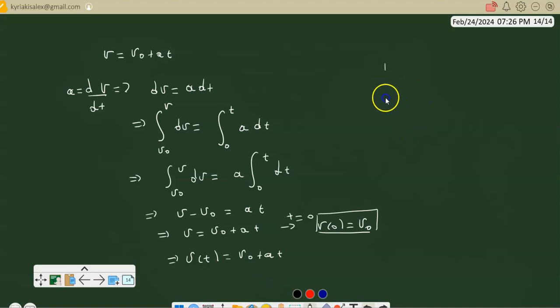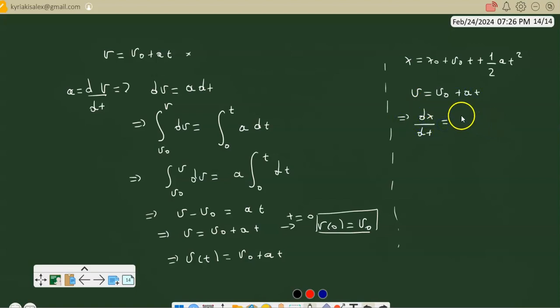How can we derive the last one? x equals x naught plus v0 times t plus a half a t squared. So we take this relationship here, v equals v0 plus a times t. V is the derivative of x with respect to time.